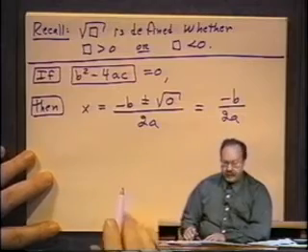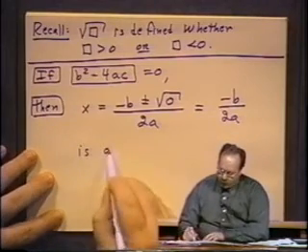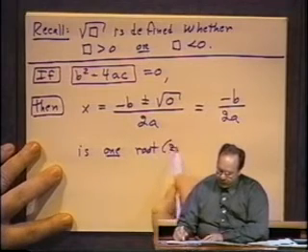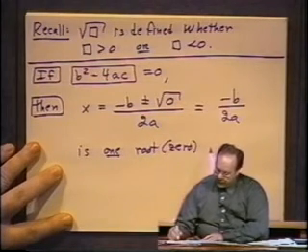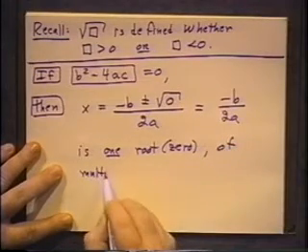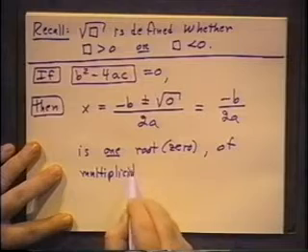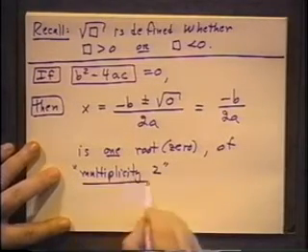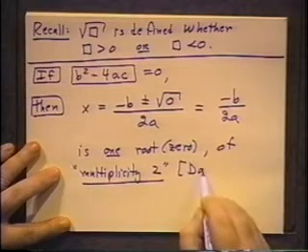And so that's one number. So that is a root, or 0. And it is a root or 0 of multiplicity 2. So multiplicity 2, sometimes, as we said earlier, called a double root.